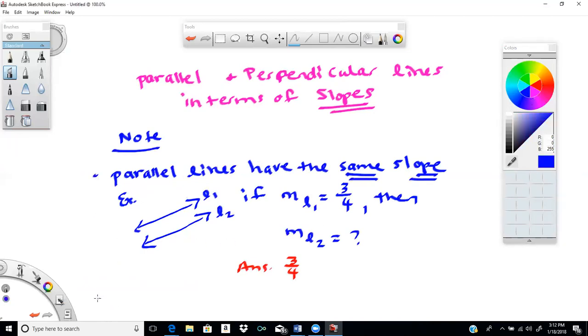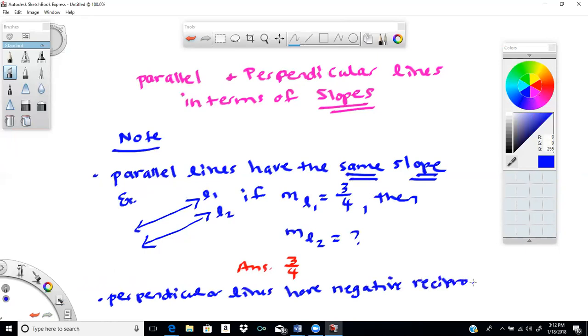Now let's note that perpendicular lines have negative reciprocal slopes. And so perpendicular lines form right angles. So this is just an example.